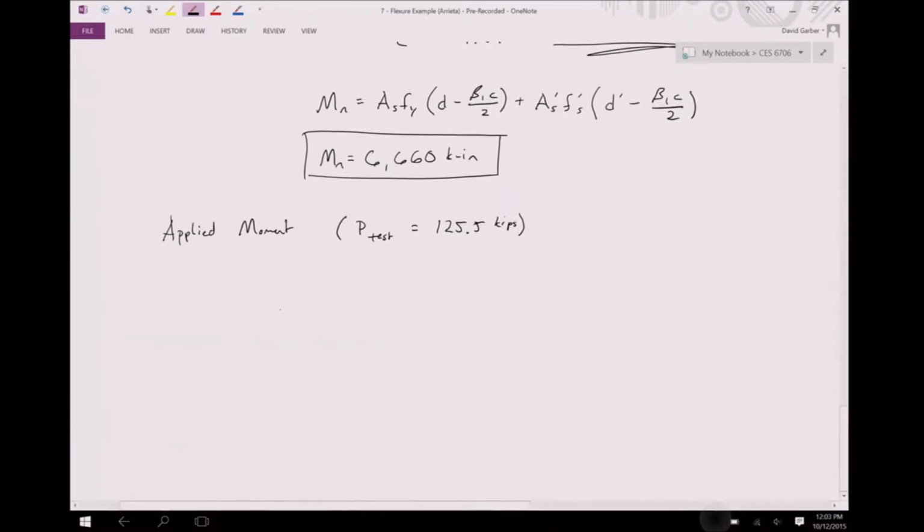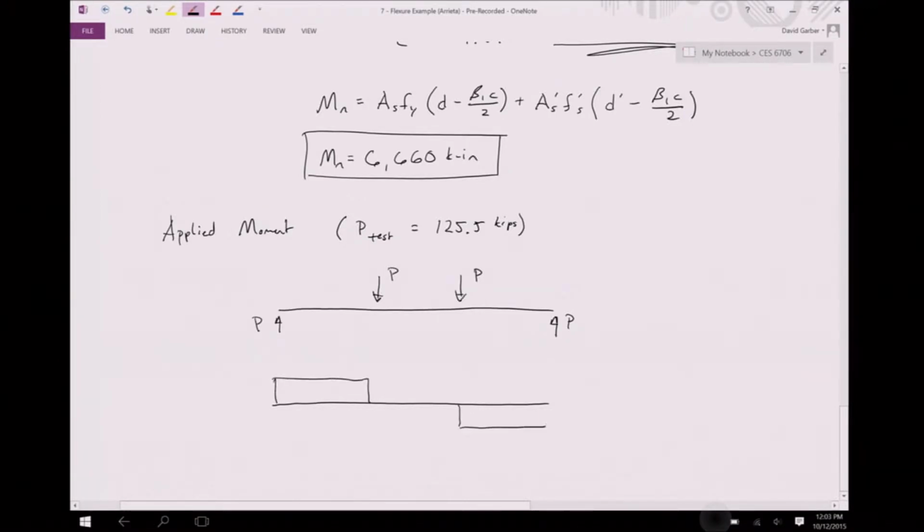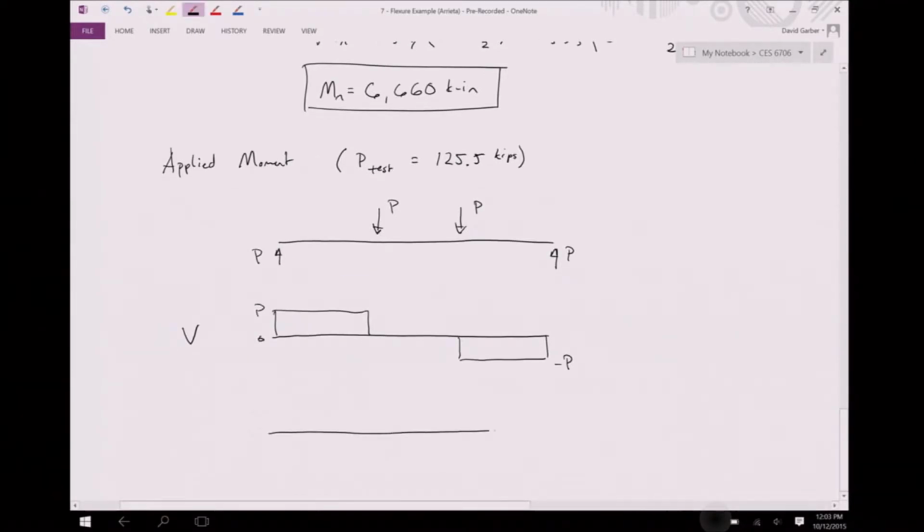So then using our geometry, we know our shear diagram. It's P up, P down, P down, P up. And our moment diagram is just a slope up and constant, then a slope down. And this is 56P, because this is 56 inches.